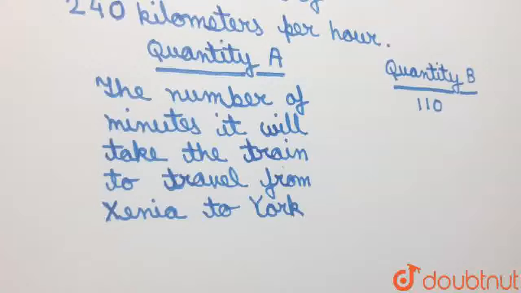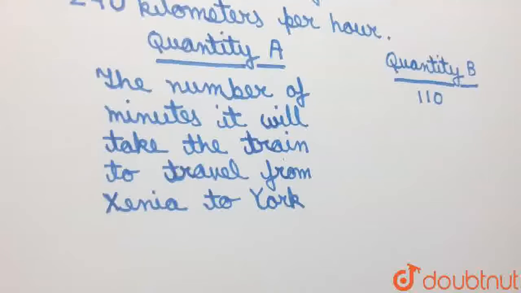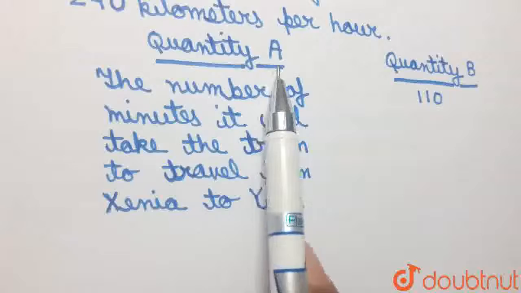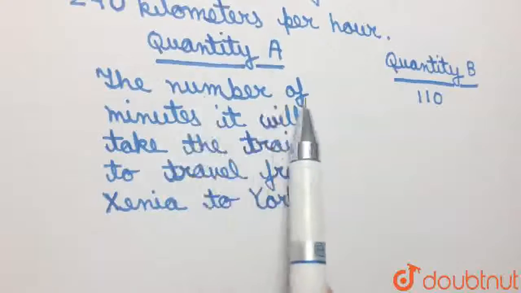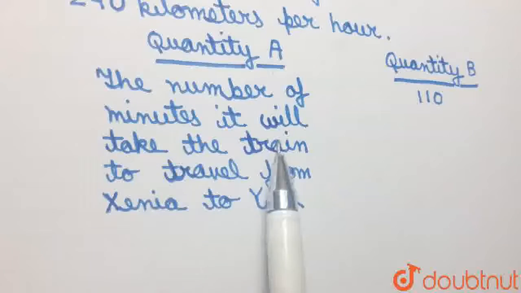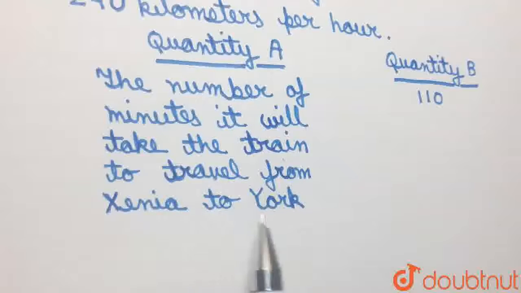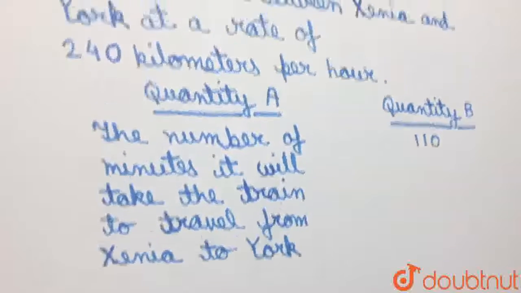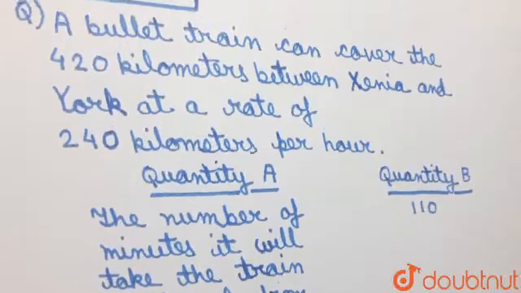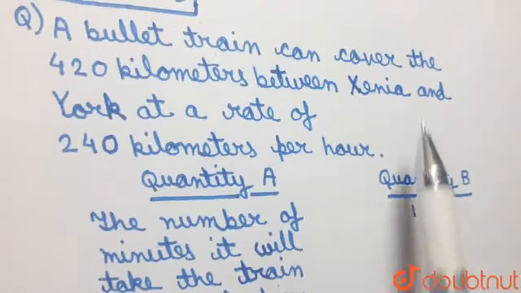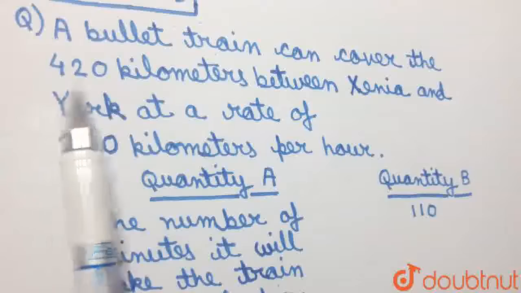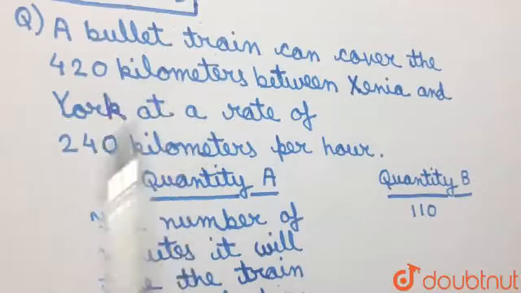Okay, now in quantity A, the entry is the number of minutes it will take the train to travel from Xenia to York. Now in the question it has already been mentioned that the distance between Xenia and York is 420 kilometers.